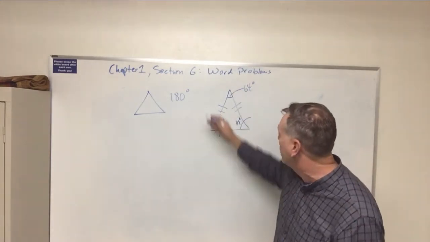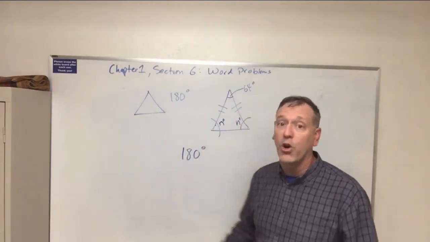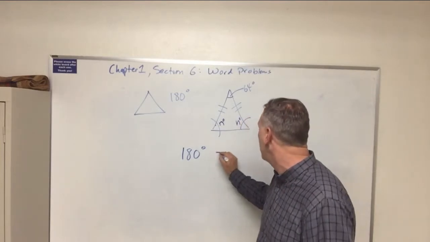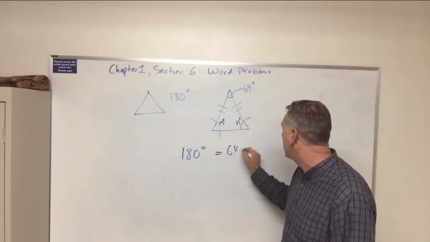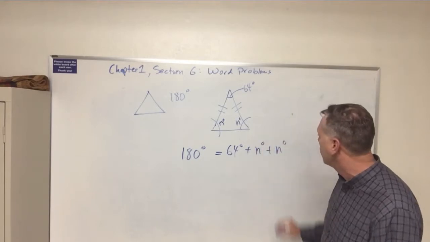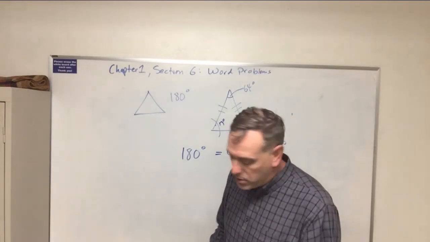What we have here then in terms of algebra is setting this up. The sum of those three angles must equal 180 degrees total, because for all triangles, the three angles sum to 180. This 180 degrees then is 64 degrees plus n degrees plus n degrees. That would be a way of setting that up.